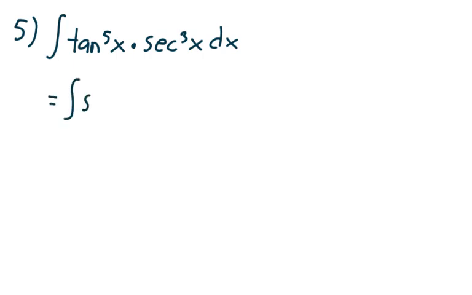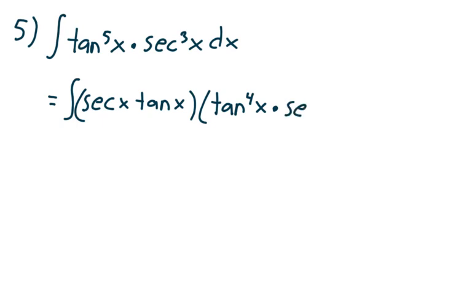So I'm going to save off a secant x tangent x, and then my leftovers are, if I save off a tangent x, I have tangent to the 4th x left over. And if I save off a secant, I can write this as secant squared x as my leftover. So I have secant x times tangent to the 4th x times secant squared x dx.